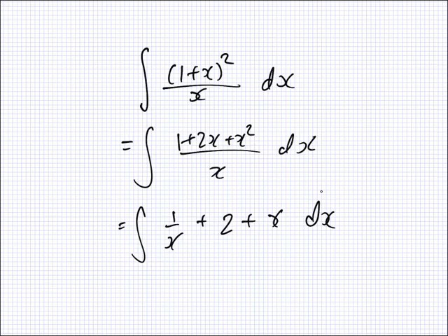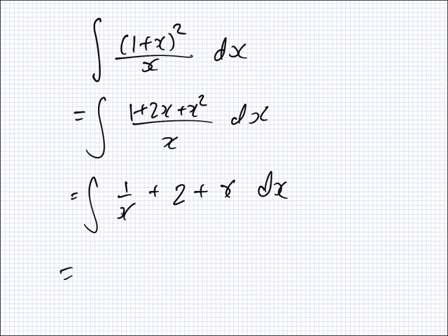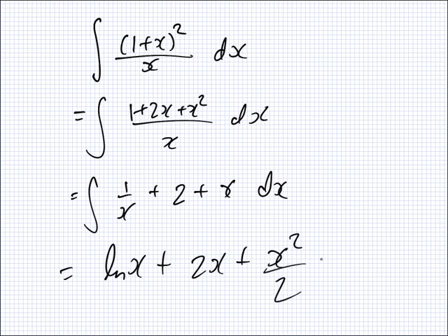Now we can integrate: log x plus 2x plus x squared over 2, plus c. Okay, write that down if you didn't get it. Wait, it's just 2x over x.